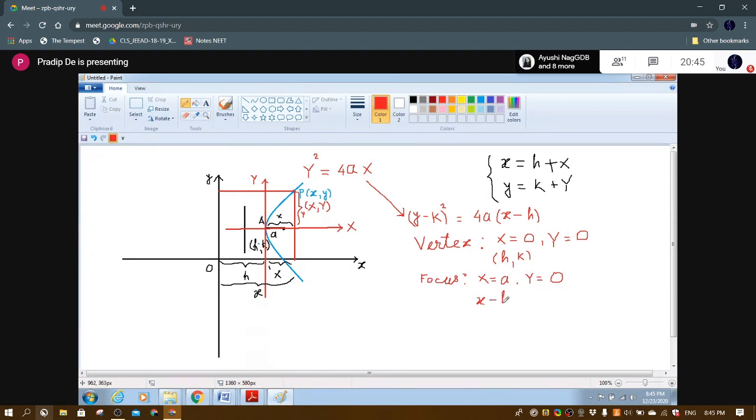So x minus h is equal to a and y minus k equal to 0. That means you may say the focus is at h plus a comma k.